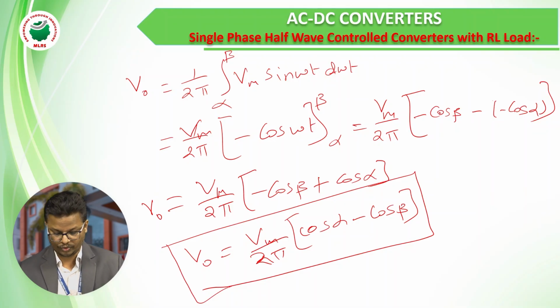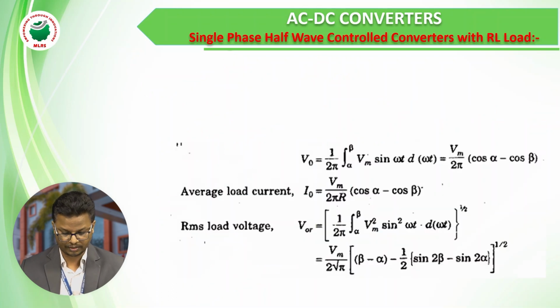So this is the output voltage. Here also we have the average load current I0 equal to Vm by 2 pi R times cos alpha minus cos beta. The RMS load voltage VRMS is equal to the square root of 1 by 2 pi integral from alpha to beta of Vm square sin square omega t d omega t.